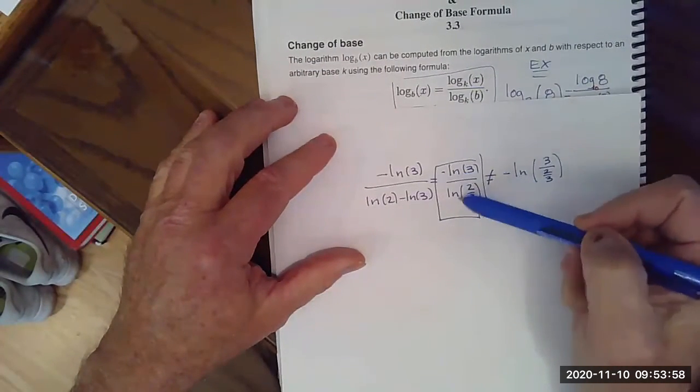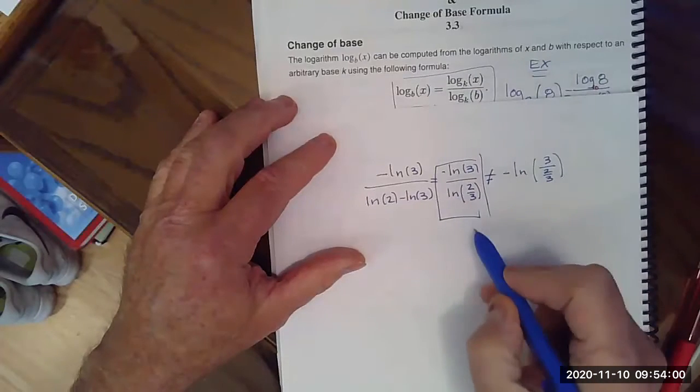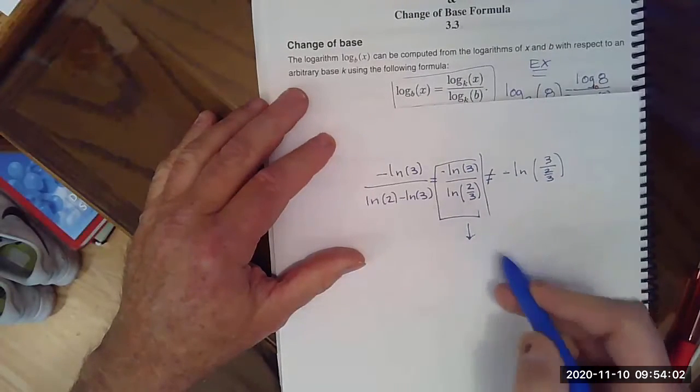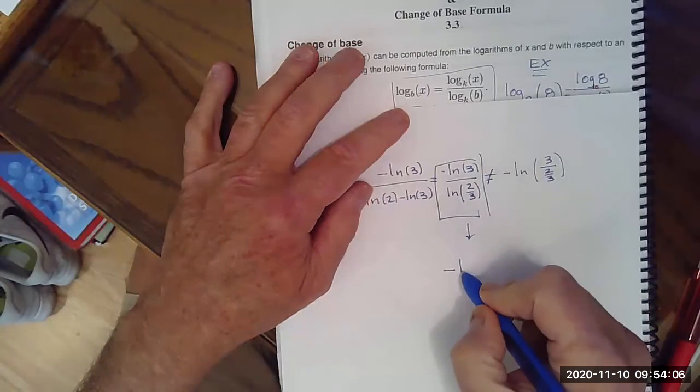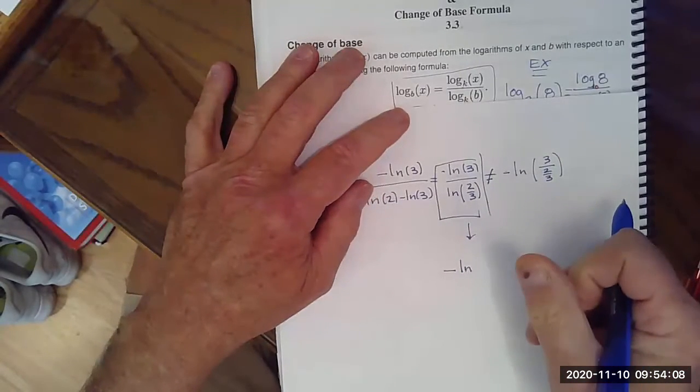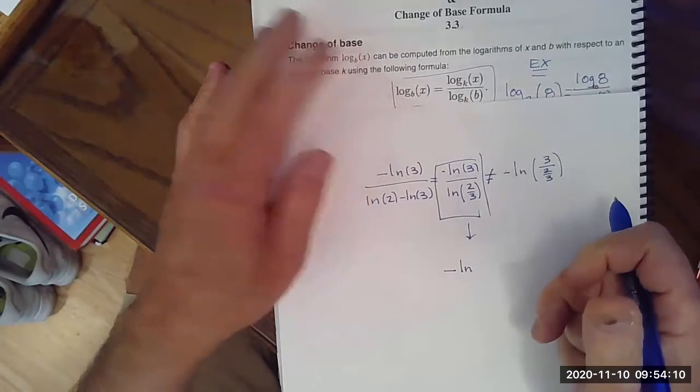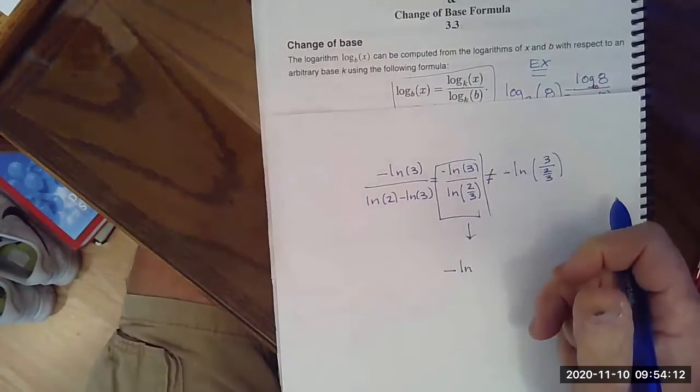These are E's. The negative stays, and that would be an ln.